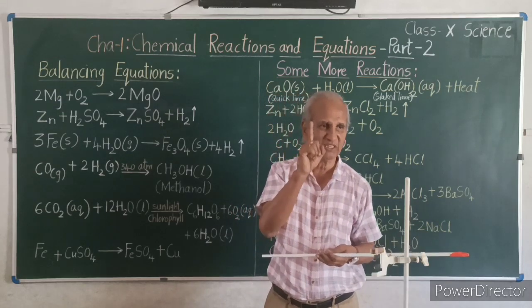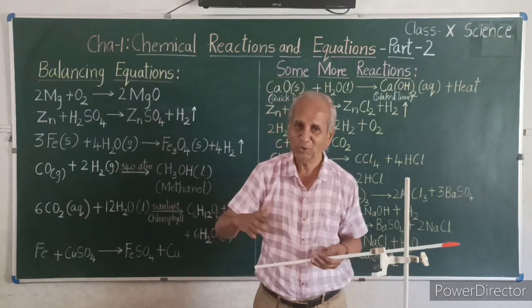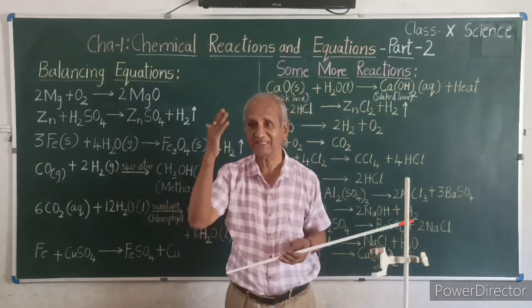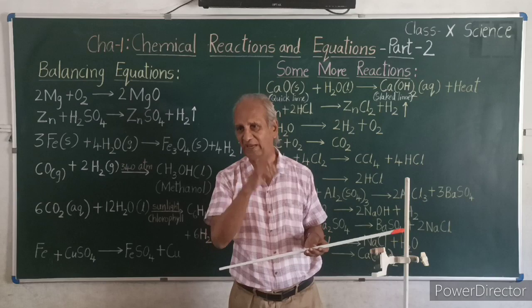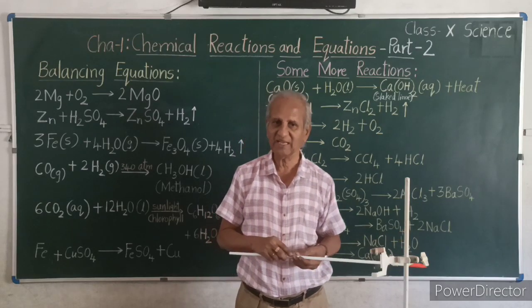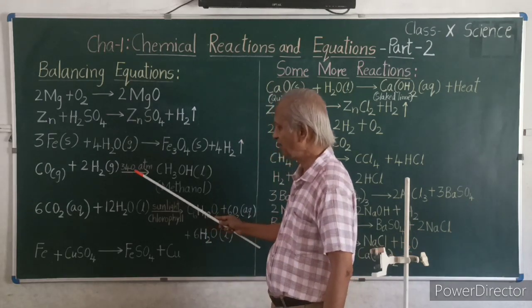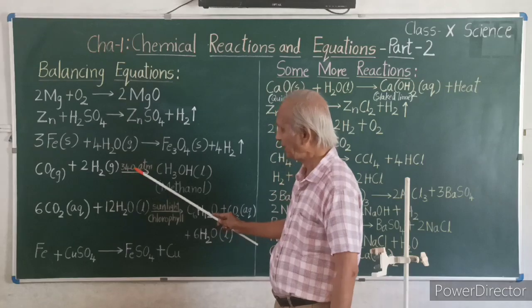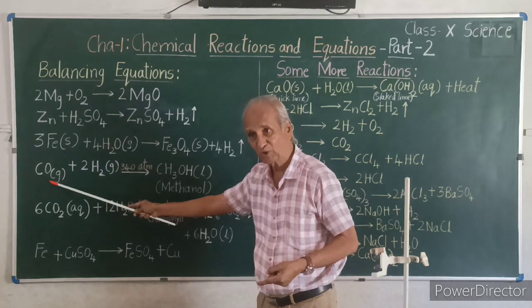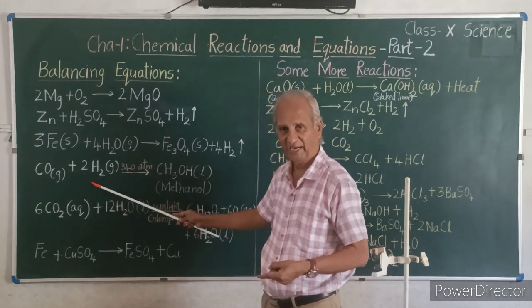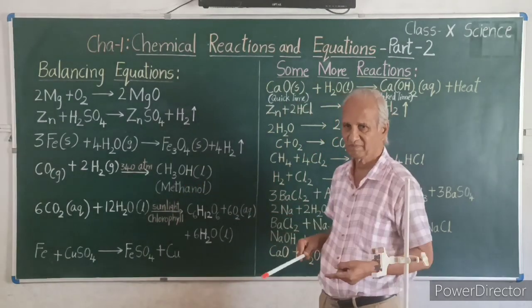That's the unit. The unit of pressure is 1 atmosphere. You have to add up 340 such atmospheres. It's a very, very heavy pressure. Only under specially set lab conditions can you go for a pressure of 340 atmospheres. At a pressure of 340 atmospheres, carbon monoxide combines with hydrogen to give us CH3OH.